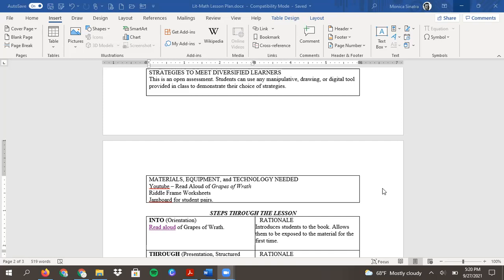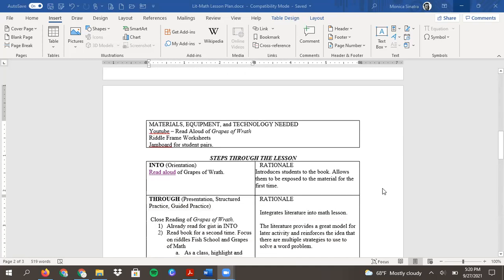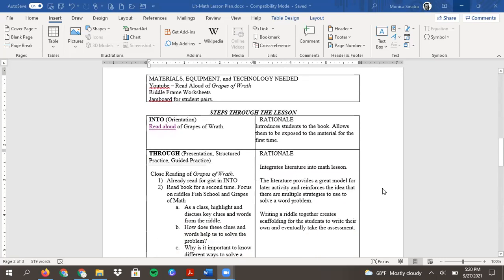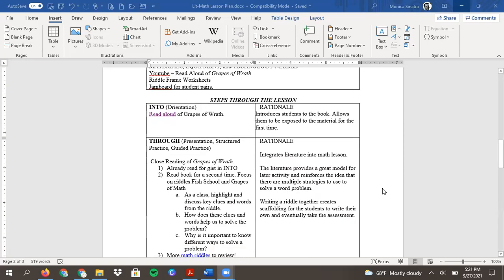It's a low floor, high ceiling assessment and activity, so that all students can start the assessment and get to different places. In my lesson, I planned it as if it's a distance learning assessment, and so I provided a read aloud on YouTube of The Grapes of Math, this riddle frame worksheet that we'll be talking about, and the Jamboard for the student peers.